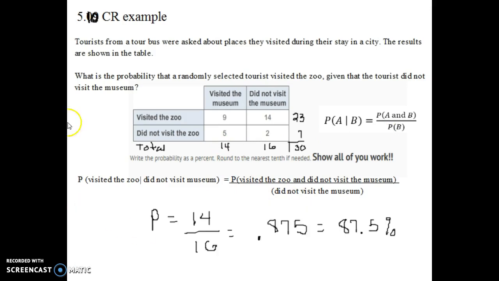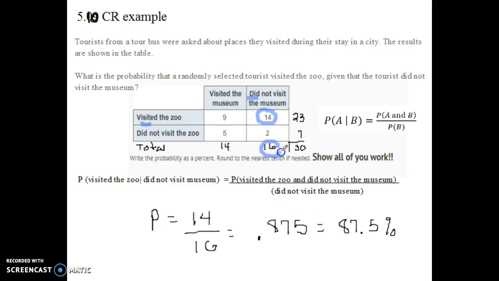So let's take a look. If we look at the intersection of those that visited the zoo and did not visit the museum, that's going to be this total, did not visit the museum and visited the zoo, right here. Then our total is going to be those that did not visit the museum.